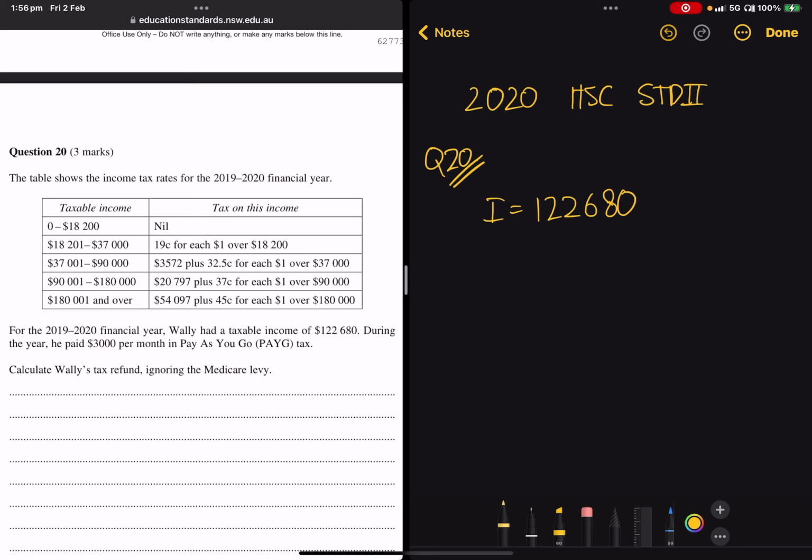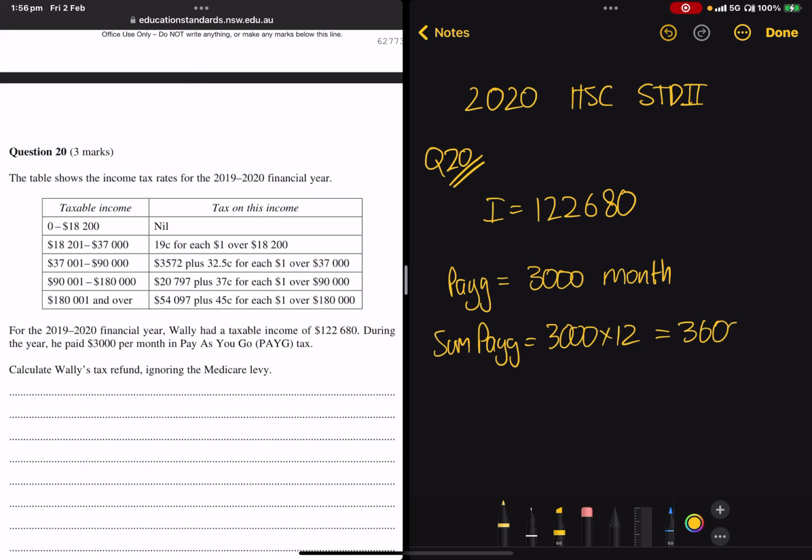Brilliant. We're told his PAYG contributions were $3,000 per month. Now, there are 12 months in the year, so the sum of his PAYG contributions is $3,000 times 12. This is $36,000.